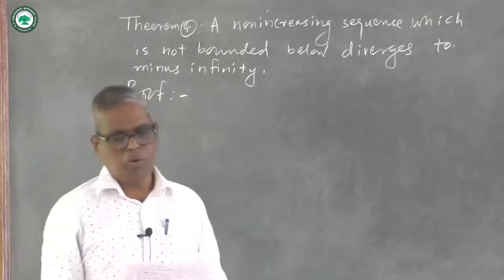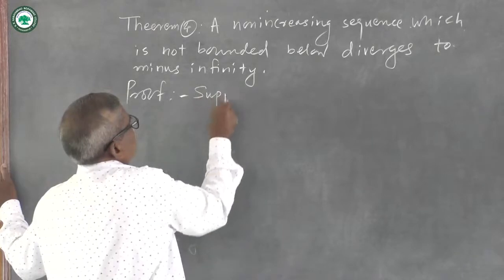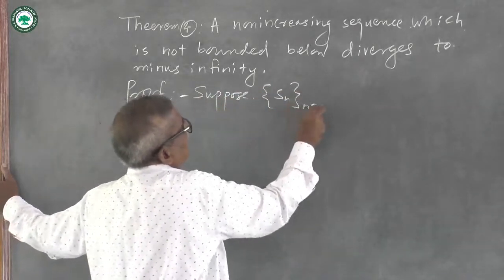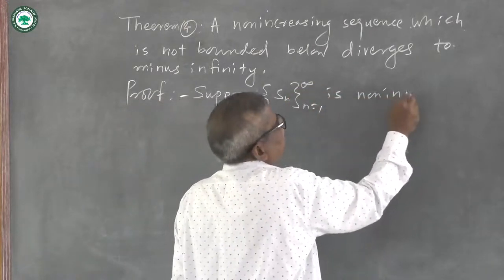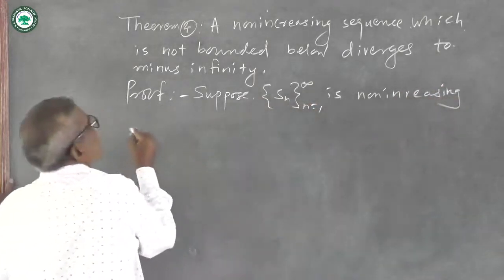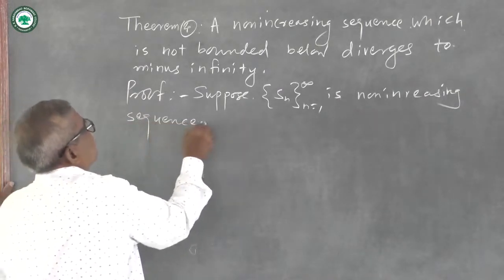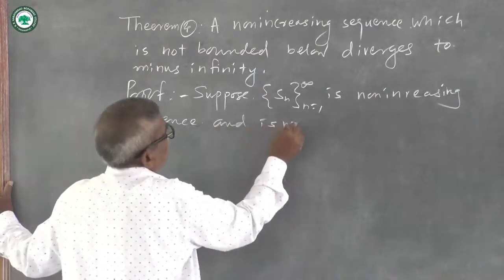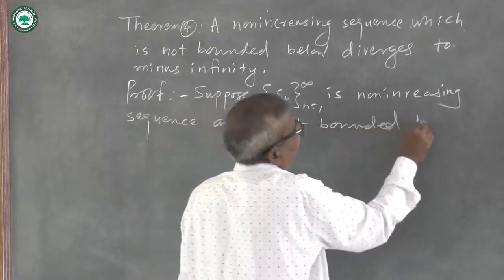Proof of this theorem 4. Suppose the sequence Sn, n equal to 1 to infinity, is a non-increasing sequence and is not bounded below.